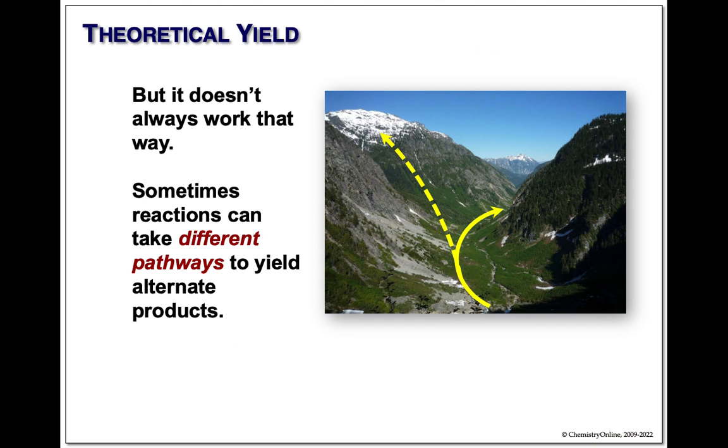Climb the mountain or whatever. Depending on exactly what the profile looks like, you could get more going this way than this way or whatever. So, theoretically, you can get a mixture of products from any reaction. That means either you're sloppy or we have multiple pathways working, but you almost never get a perfect theoretical yield.